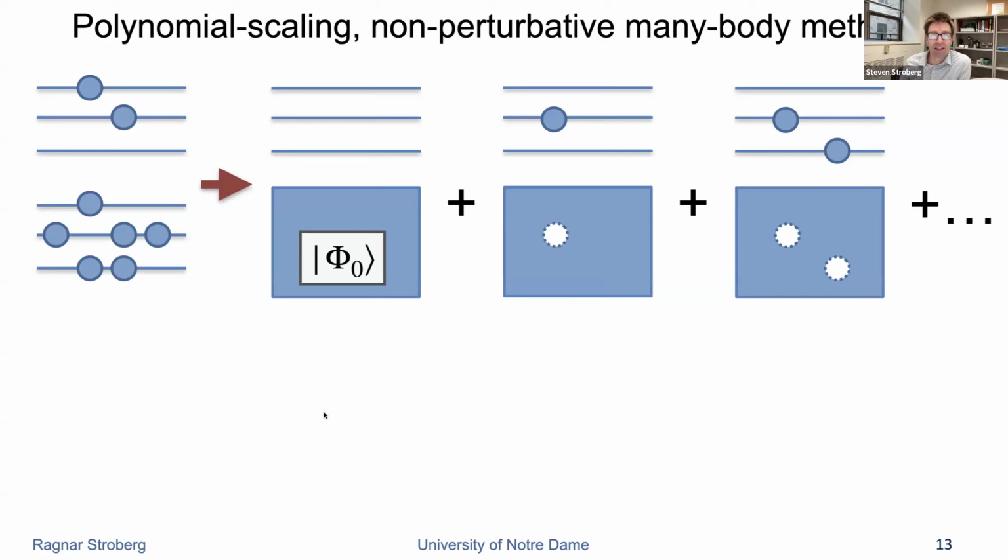And so basically the idea for doing this is taking the same picture of distributing particles all over the place and reformulating it so that you have some reference configuration, and then you think about things as particles and holes out of your reference state. So this would be like just filling up to the Fermi level, and then you excite one particle out, and you maybe excite two particles out, and you have some expectation that as you excite more and more particles out, those are going to be higher and higher energy configurations, so they'll contribute less and less to the wave function.